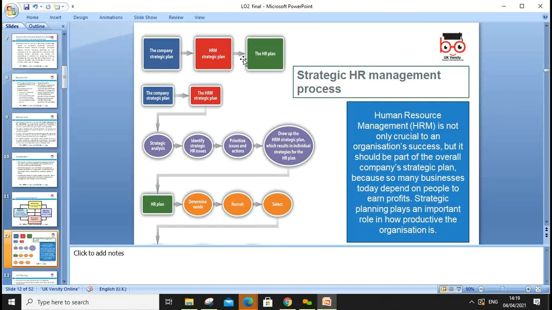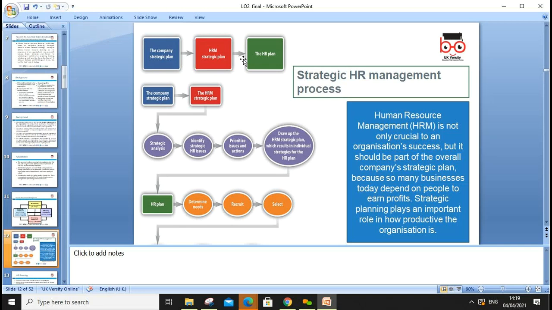So when we make an HR plan, we always need to look at the company's strategic plan, where we want to see ourselves as a company, as a country. So we need to develop HR. HRM is a strategic plan. We need to look at the HR role and the company's plan. We need analysis for this, identify the HR issues, prioritize them, and address those.